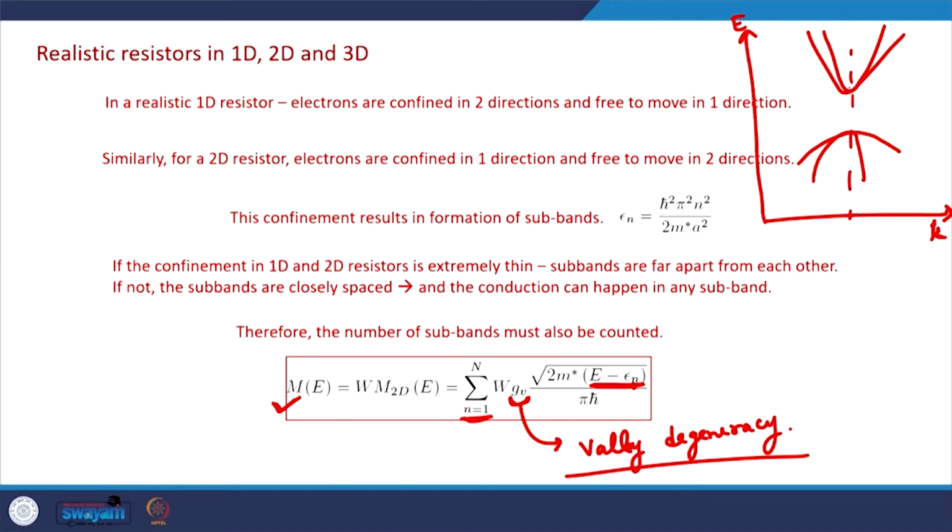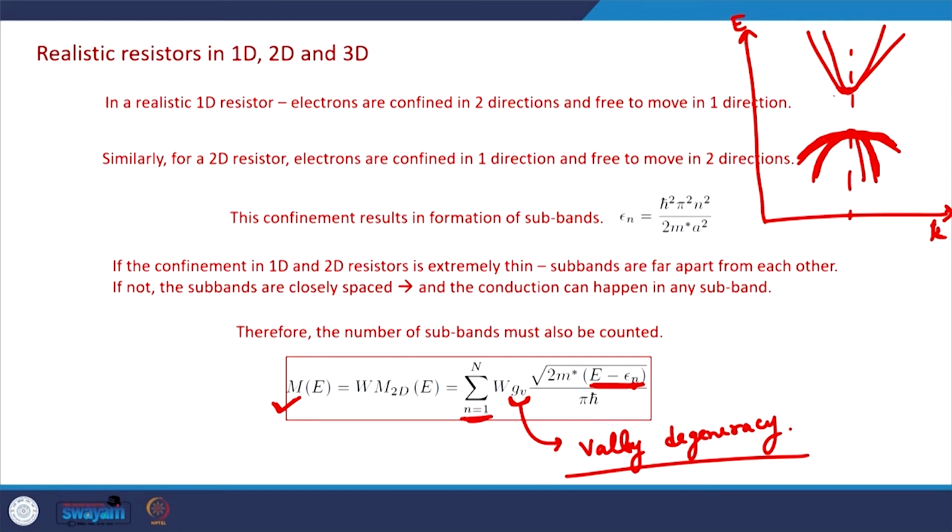In this case, at the bottom of the conduction band or top of the valence band, there are multiple solutions, or multiple EK plots overlap with each other, generally at the band edges.